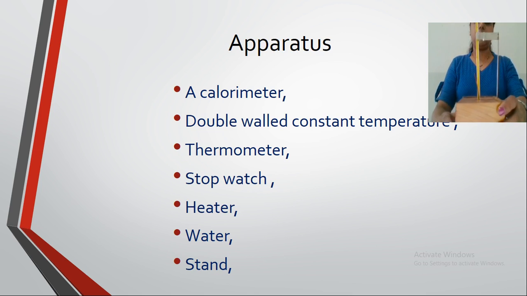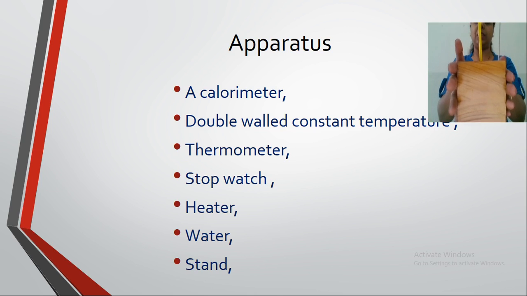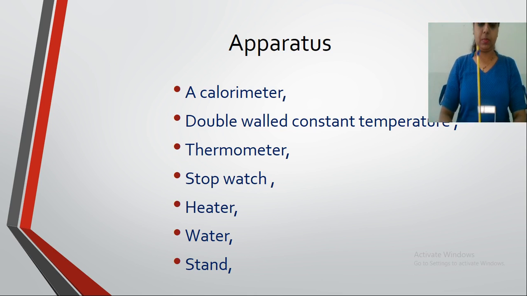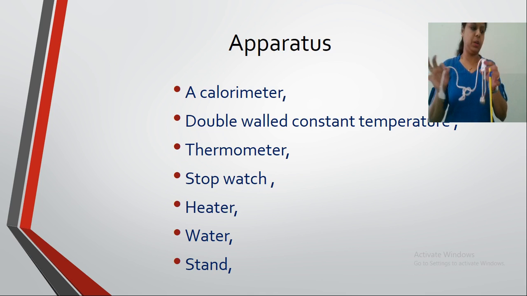This is the thermometer, and this is the stirrer end. Now this whole instrument is ready for taking readings. So this is about the apparatus. This is the heater, which will provide you the boiling water. This is simply a coffee heater used for heating purposes.